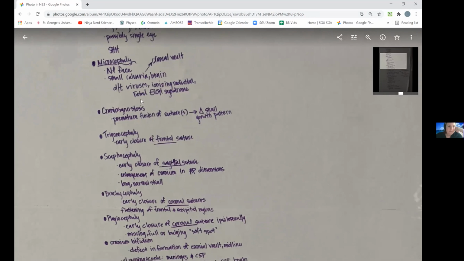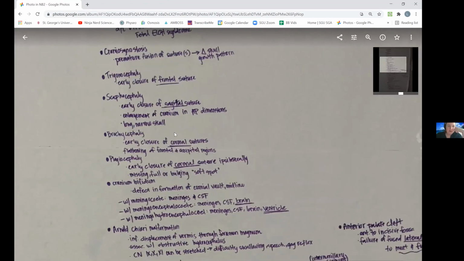Microencephaly, I don't remember that being a huge one in this one. The sutures, that's NB2, yes, the suture closures. You need to understand that. If you have a failure of closure, it's going to be down here. Early closure of different sutures, you need to understand what happens based on a patient case.